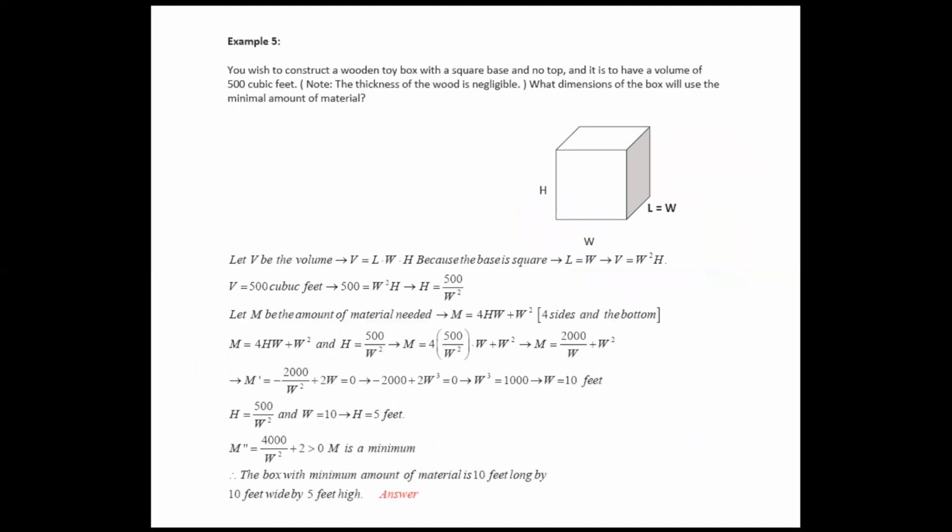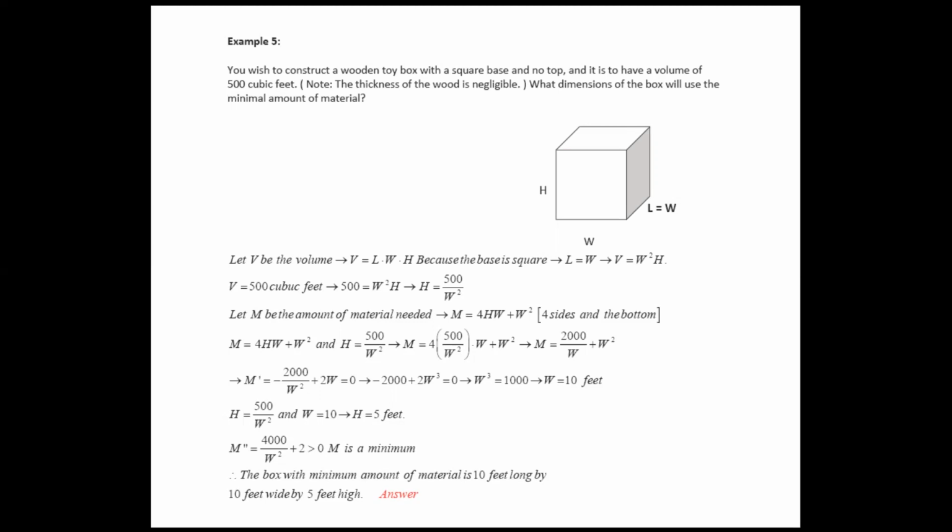Let's go to example 5. You wish to construct a wooden toy box with a square base and no top. In other words, our box is not going to have a top. And it's to have a volume of 500 cubic feet. That's volume. Of course, it's going to be made out of wood.